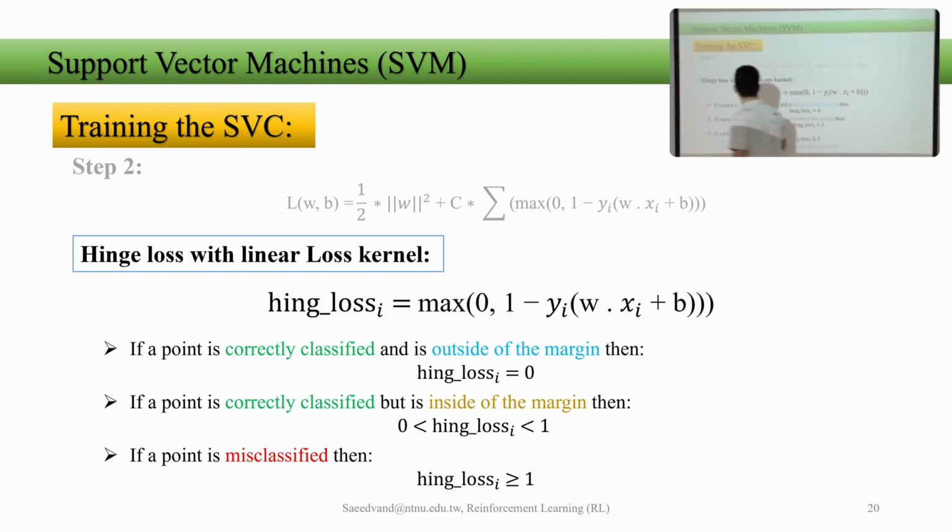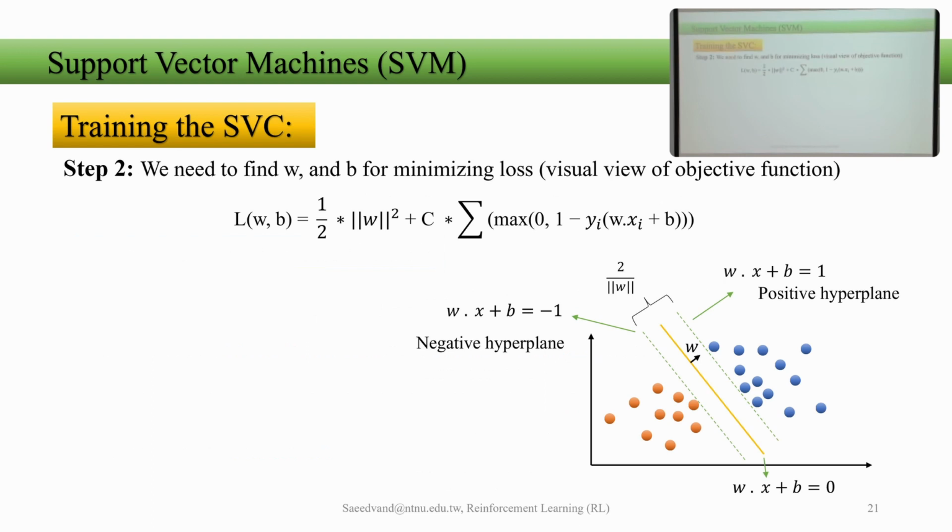We already declared that this W is the sum of the squared weights. If you have a look at this data, we have this hyperplane and these two margins. This left margin can be written as this term: the weights times x added by bias is equal to -1.